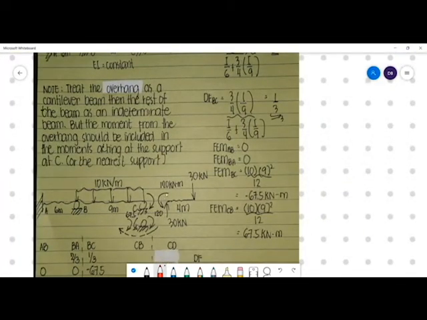So ihiwalay natin yung CD. Parang cantilever siya here, na fixed support lang. And then we are going to analyze beam ABC. Pero don't forget, nang ina-analyze natin ito as cantilever beam, meron tayong moment here. So therefore, meron din siyang kasamang moment na mag-a-act doon sa original na beam, doon sa beam na gagamitan natin ng moment distribution method.